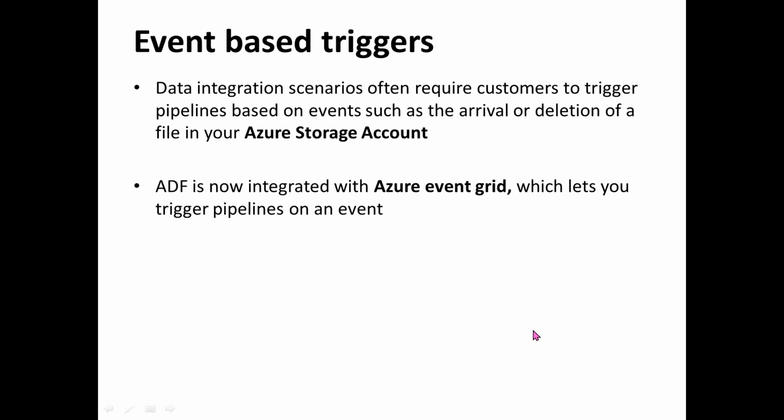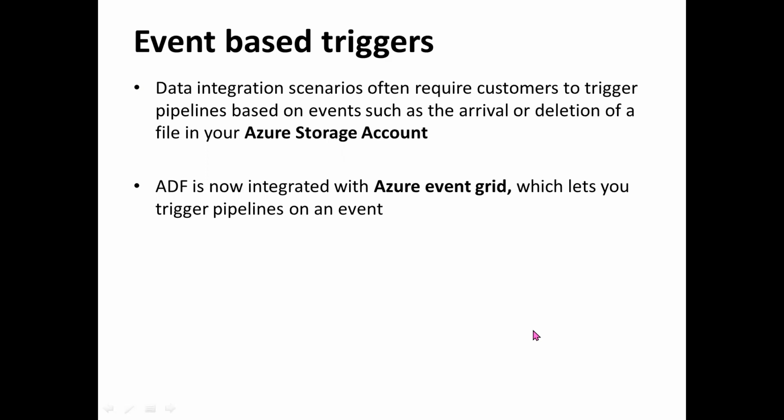But in some scenarios the file arrival is not time bound. The customer says, I don't know when the file comes, when my job runs, when it will generate that file into blob. We don't know.